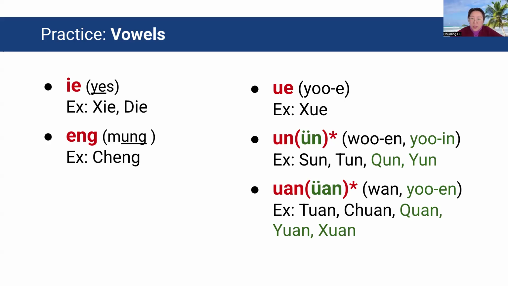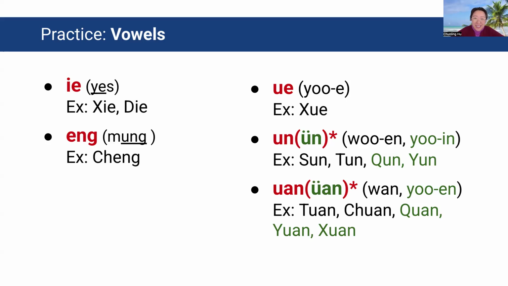The green ones are Yuan, Tuan, Chuan, Quan, Yuan, Xuan. All the examples are Chinese family names.